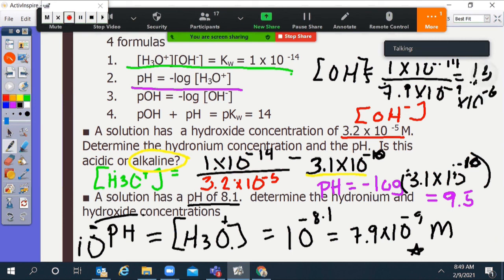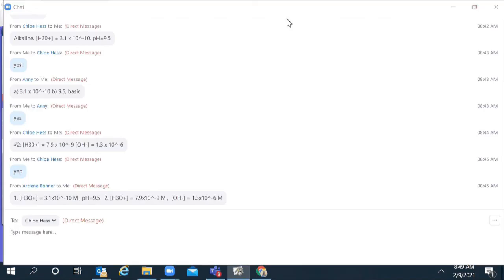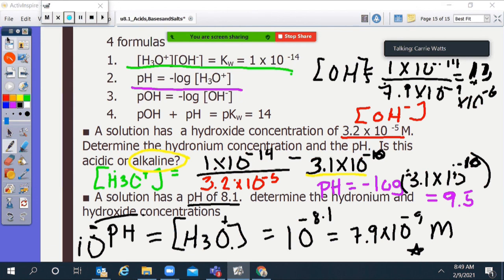And if I could read my writing, I'd tell you what I got. I'm not sure I'm going to be able to read it, but something times 10 to the negative 6 is my answer. Maybe 13, not sure. Yeah, I can't read my writing.